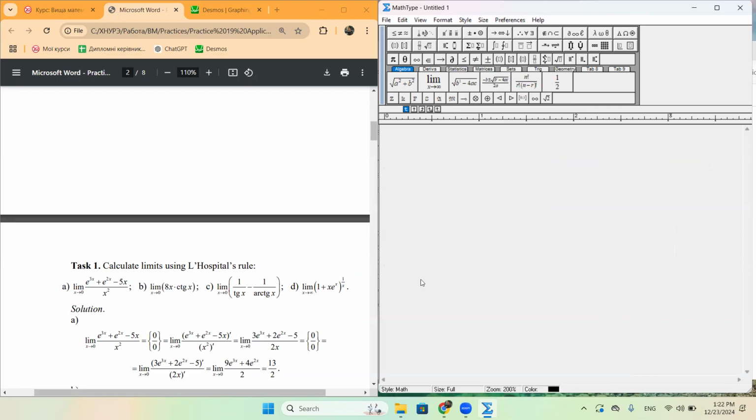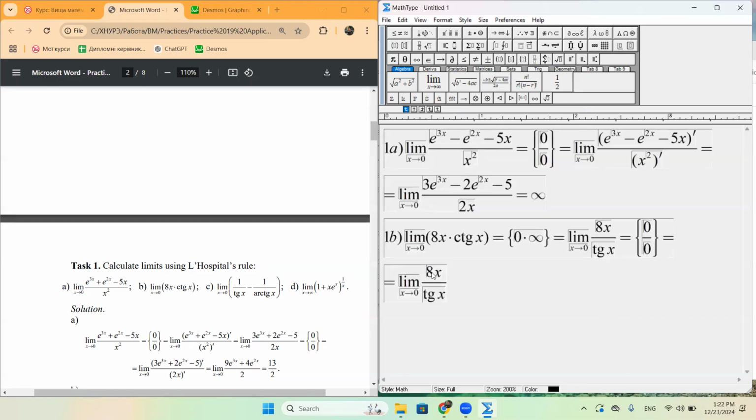So differentiating the numerator and denominator. 8 in the numerator, and what about the denominator? 1 divided by cosine squared of x.